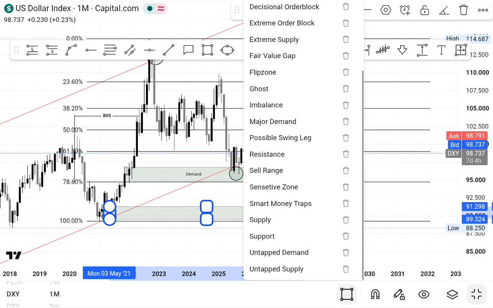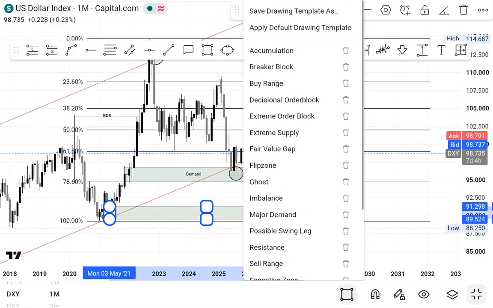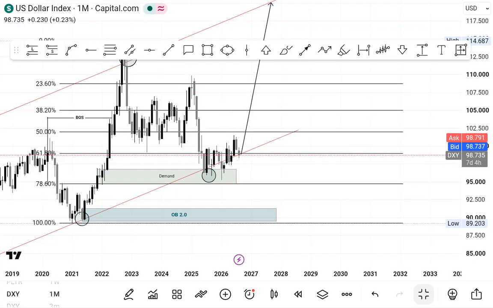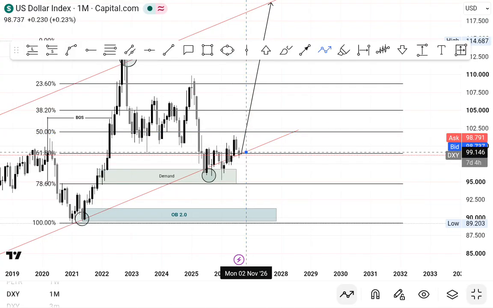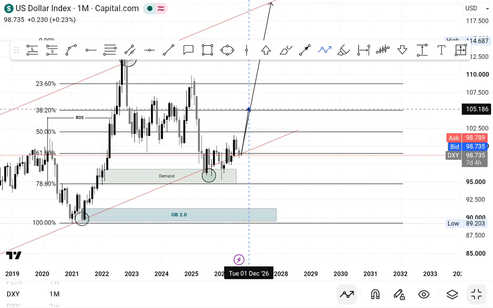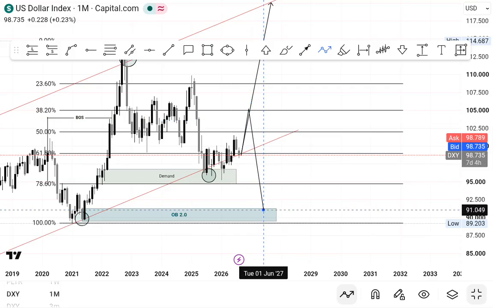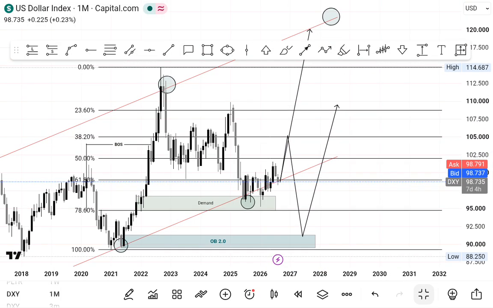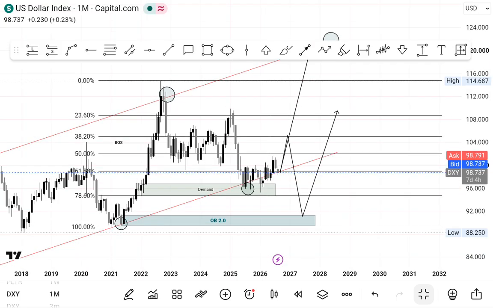So we have order block 2.0, which means price can still push but fail to break above. They can even react from the supply, come back to this one, then push to the top. Why am I saying this?